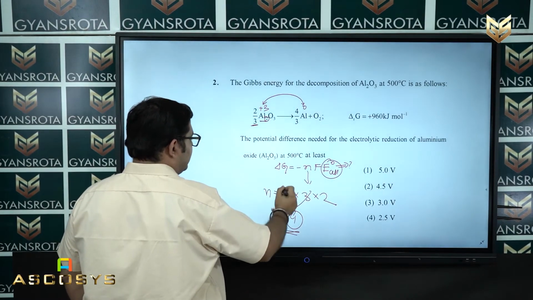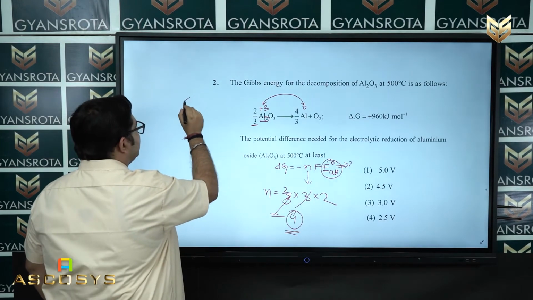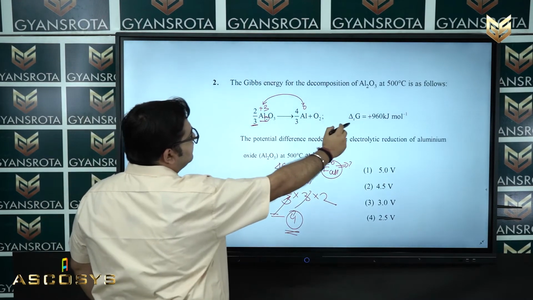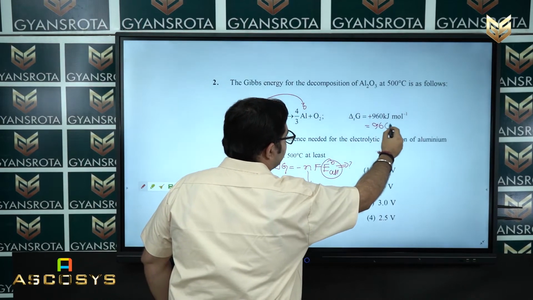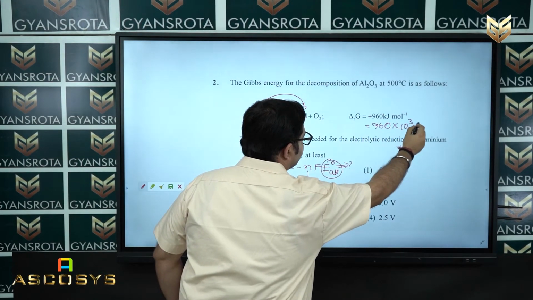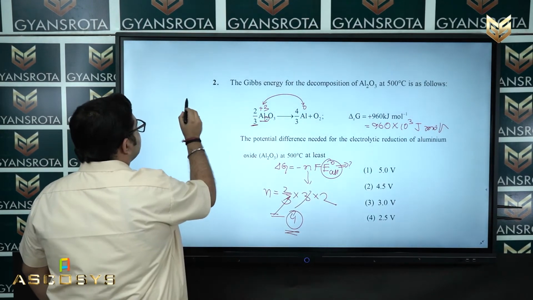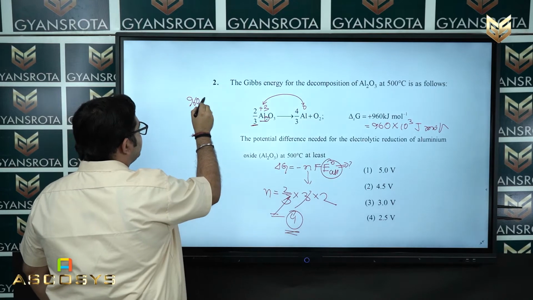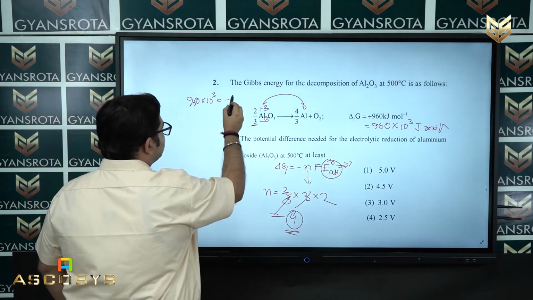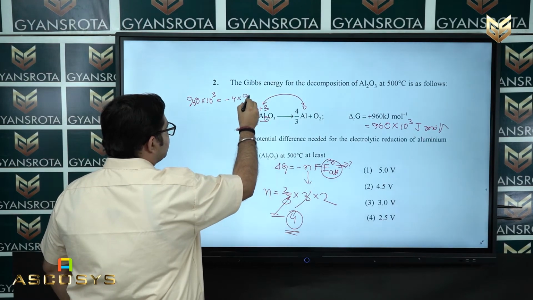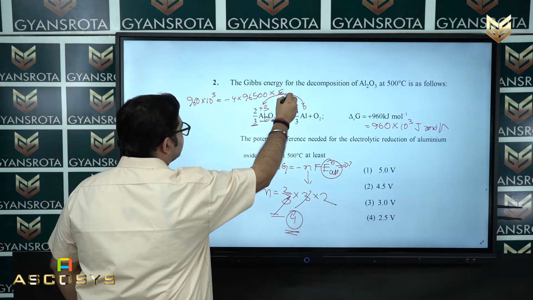So, delta G value is given as 960 kilojoule per mole. It will first be converted into joule, 10 to the power 3 joule per mole. So, 960 into 10 to the power 3 joule per mole, n value is 4, F value is 96500 into E cell.